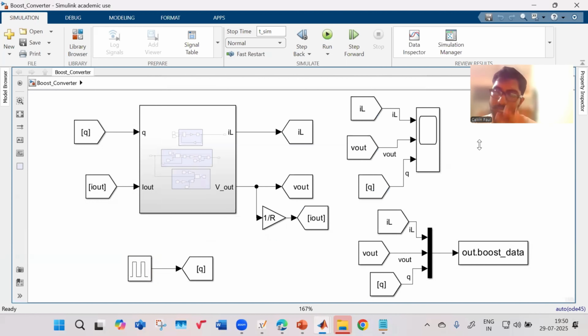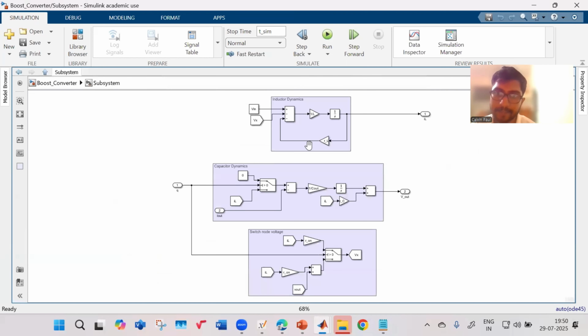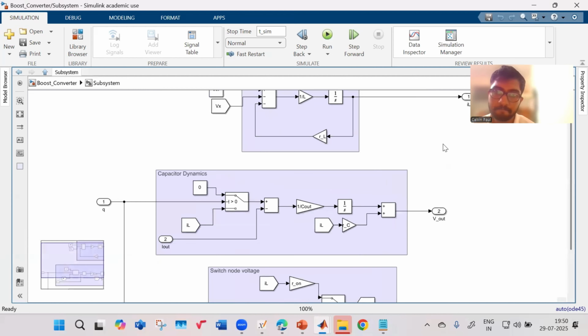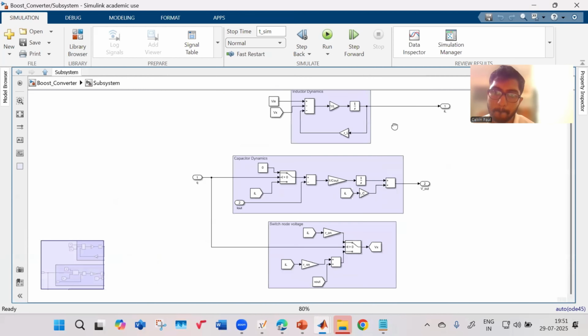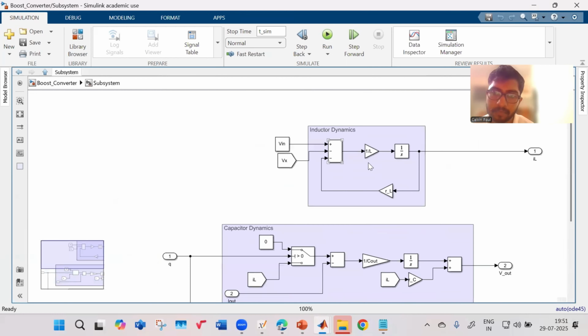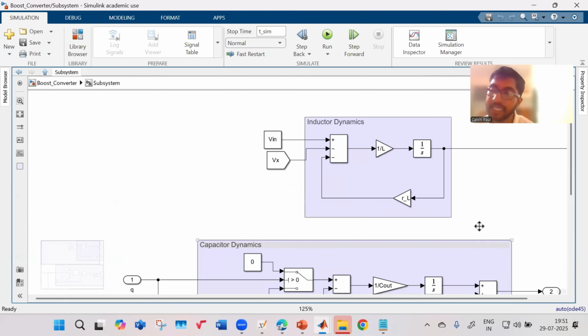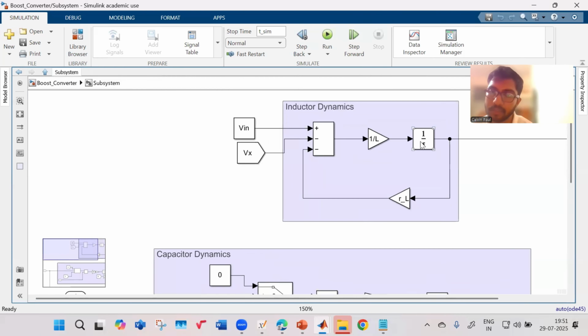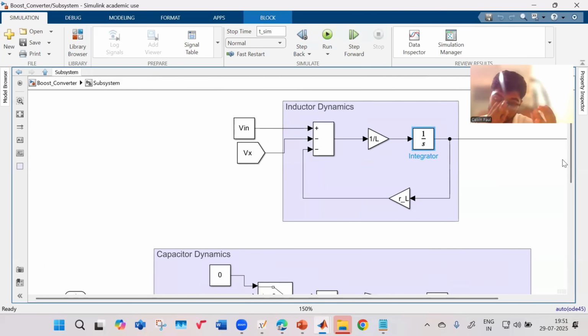Now this is my .slx file, my Simulink file where I've made the model of the boost converter. So this is where my inductor dynamics I have put. This is my 1/s, which is there for converting my dIL by dt to IL.